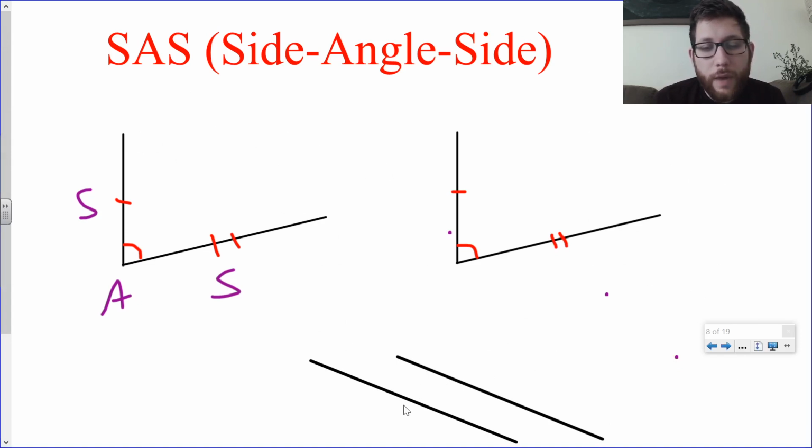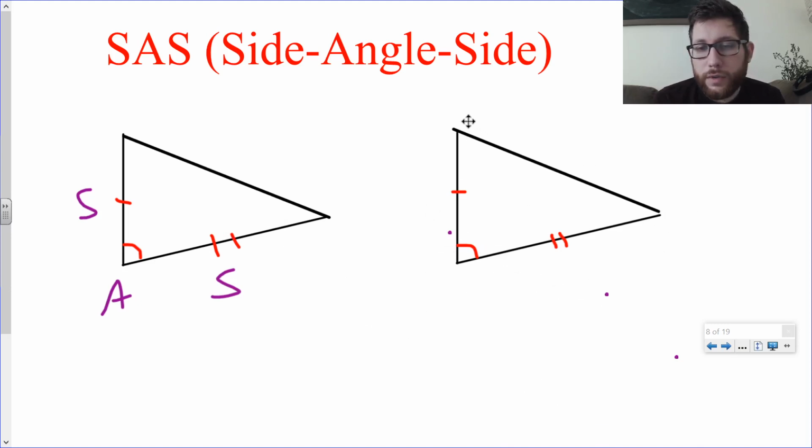If I draw my lines from the endpoints, the only way is to end up making two triangles that are congruent. So once again, I know this isn't a proof, but you can visually see why this has to be the case.